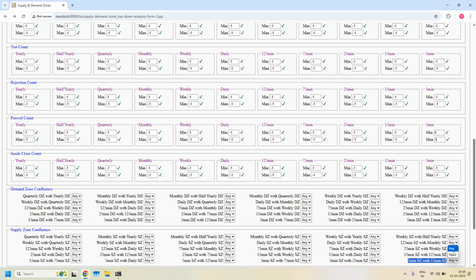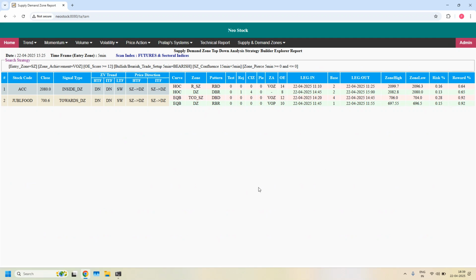So I'm enabling the filter. Out of 3, 2 are filtered. So these 2 5-minute supply zones are overlapped with 15-minute supply zones. And the 15 minutes trend is down in both the stocks.